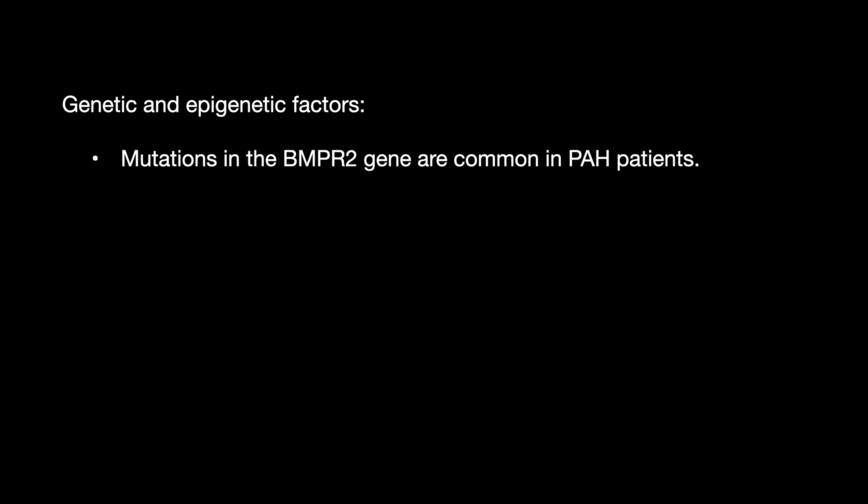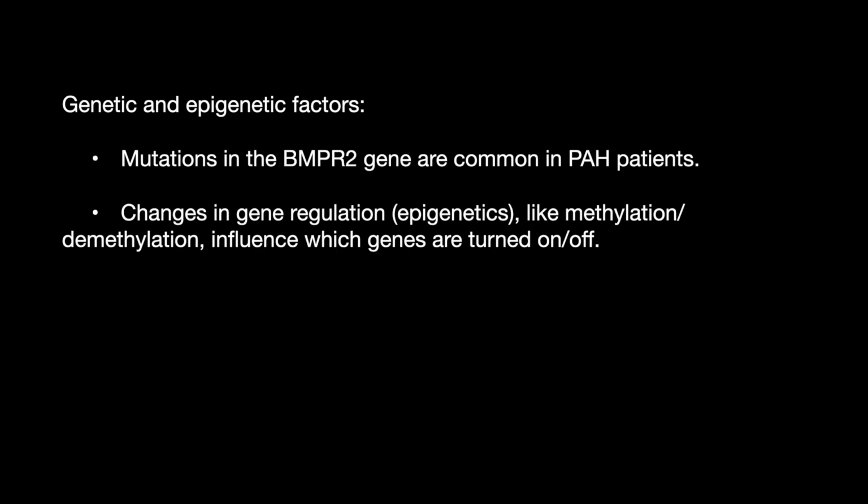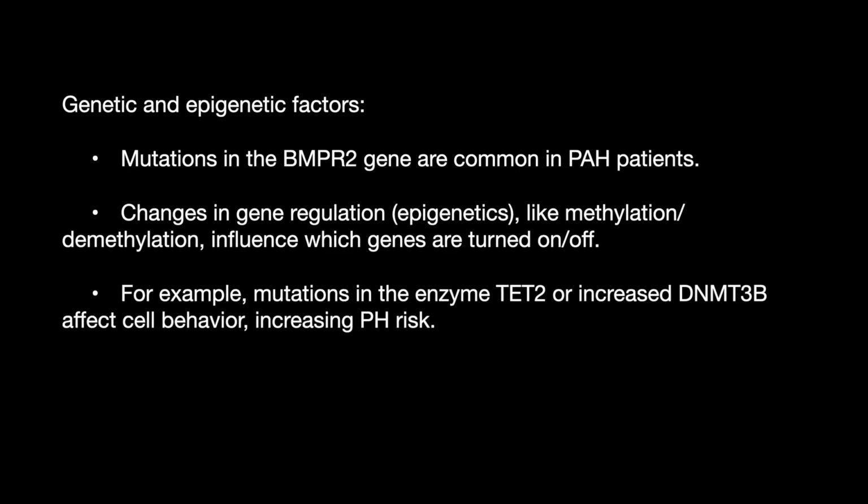So there are various genetic and epigenetic factors which relate with pulmonary artery hypertension. There is mutation of the BMPR2 gene, which is very common in PAH patients. The change in the gene regulation, like methylation, demethylation, influences which gene is turned on and which is turned off.